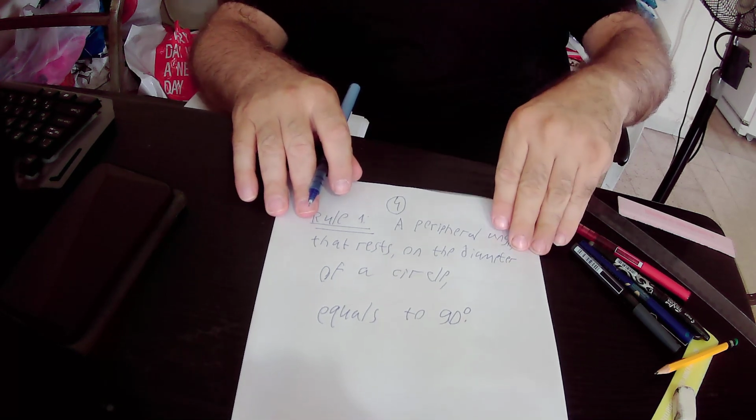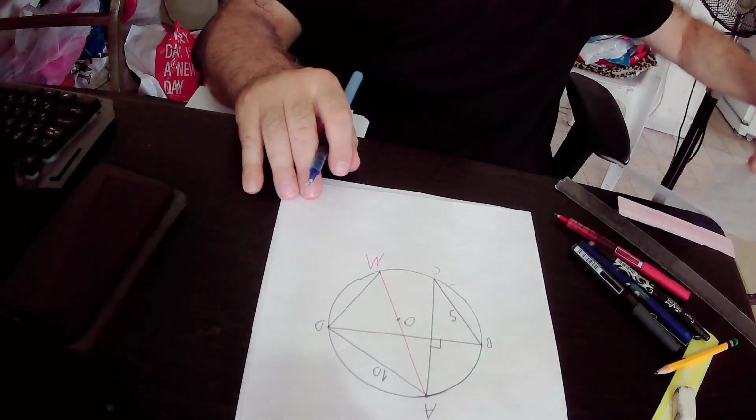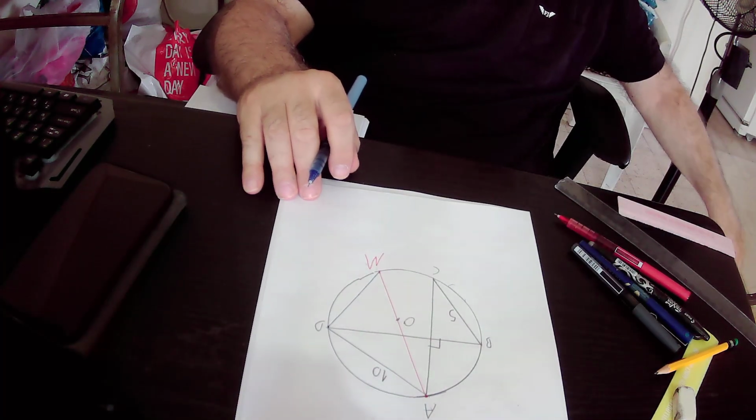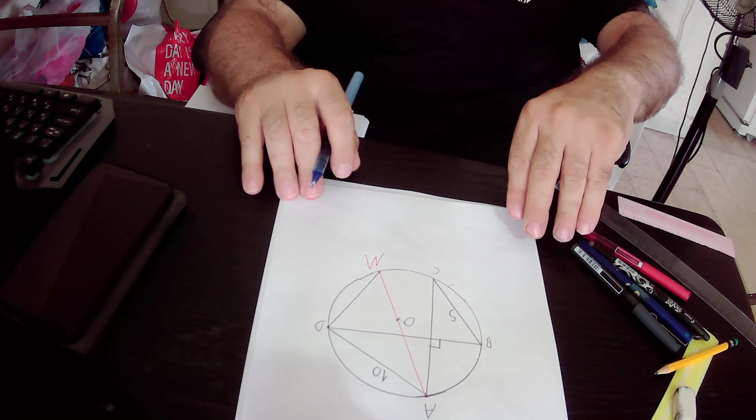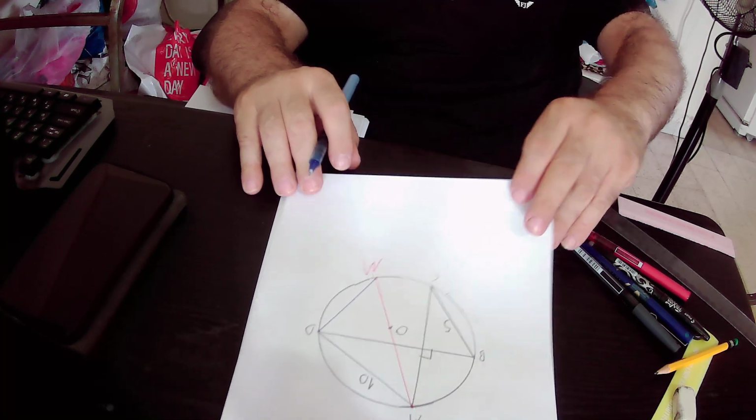I will give you an example in order to clarify the definition of a peripheral angle that rests on the diameter of a circle.